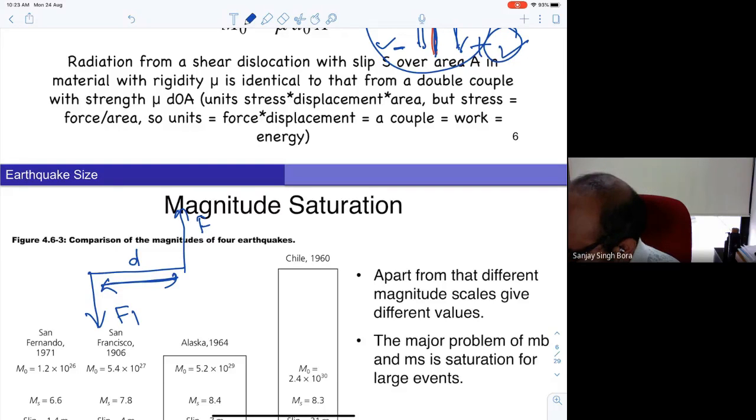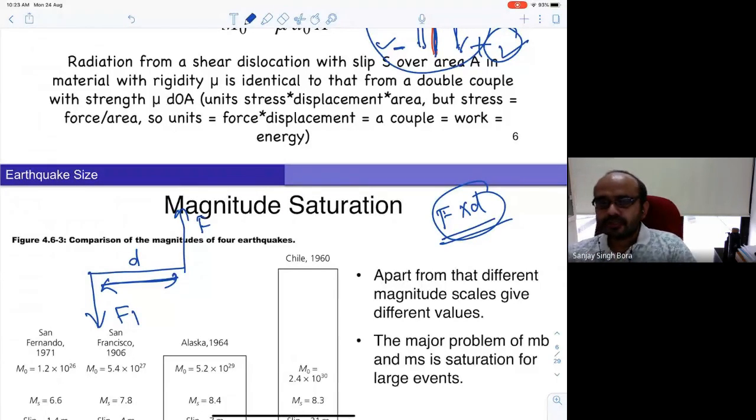Then you simply write F into d. If F1 equals F2, you simply write moment as Fd, right? The same thing is happening here in case of earthquakes: these two opposing forces will create a moment, right? Now the question is, will there be only one couple?